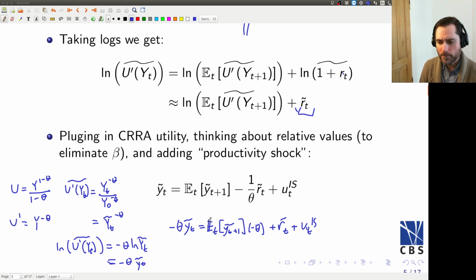So that's not actually totally innocuous. The log is a concave function. So when you take the expectation of a concave function, it's kind of an average of. Just think about it this way. Let me just draw it here. If you take the expectation of a concave function, it's like you're taking an average of the function at two values. Okay, so it's like that.